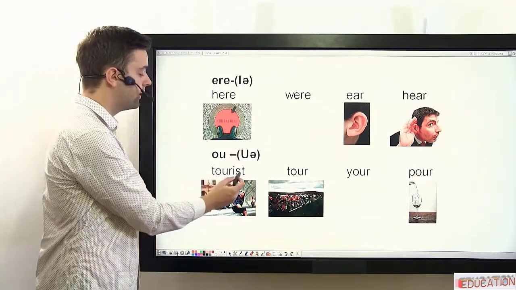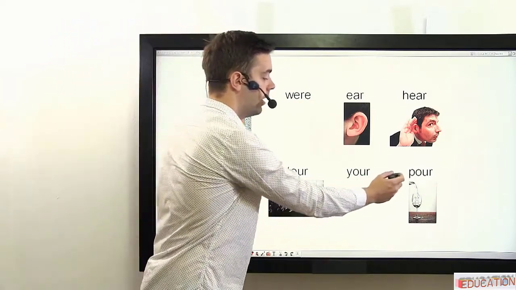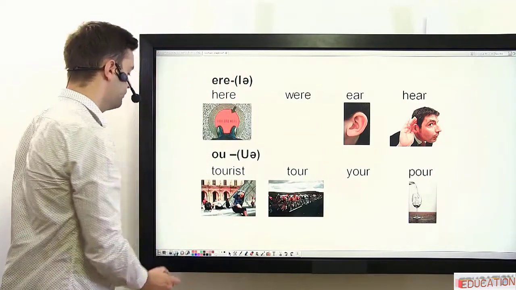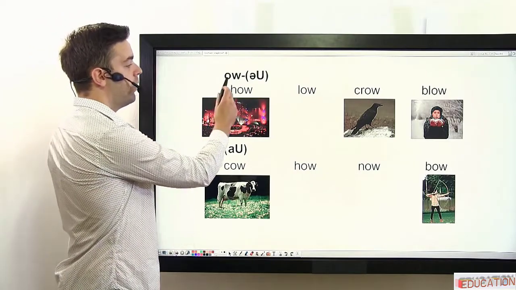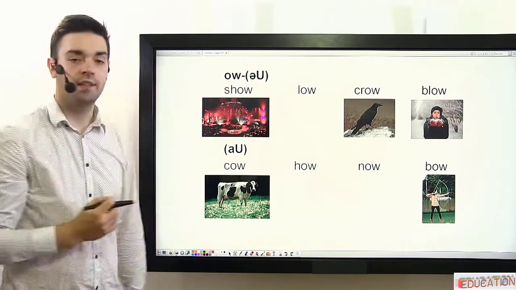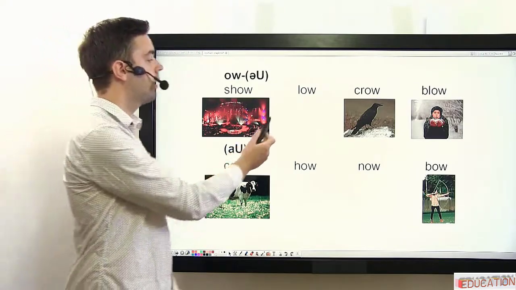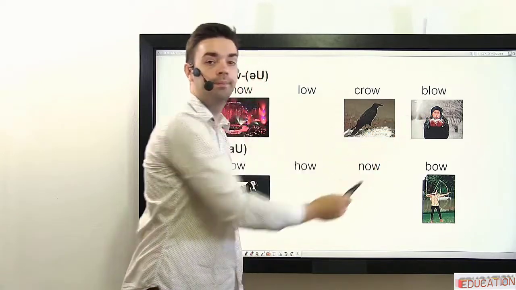When you join O and U, you get an or noise. So tourist, tour, your. When you join O and W, you get an O noise. So show, low, crow, and blow.